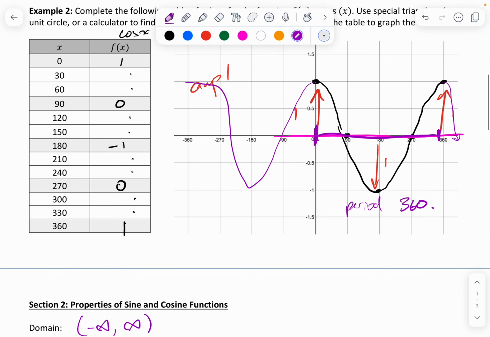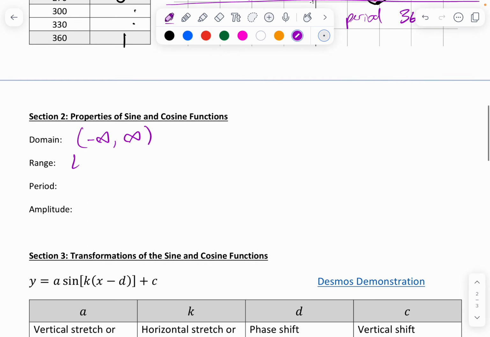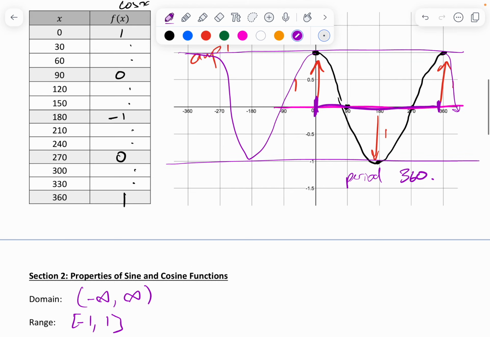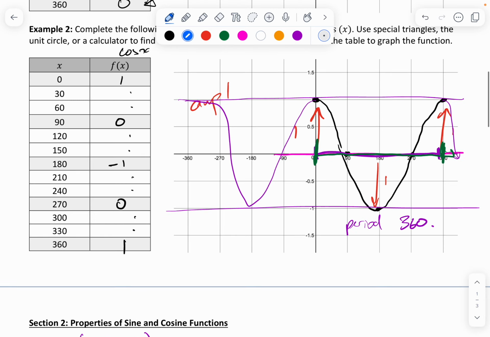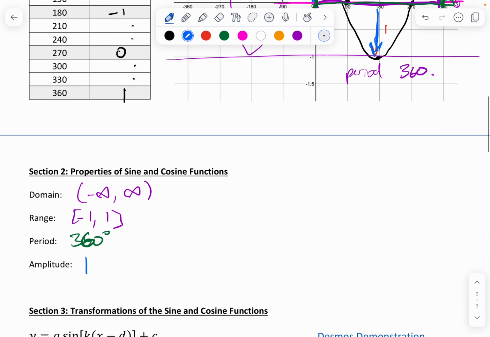The range always goes up and down from 1 down to -1, so the range is from -1 to 1. The period, how long it takes to start repeating itself, is 360. And the amplitude for both of them, how far away from the middle it goes, is up 1 and down 1, so the amplitude is 1.